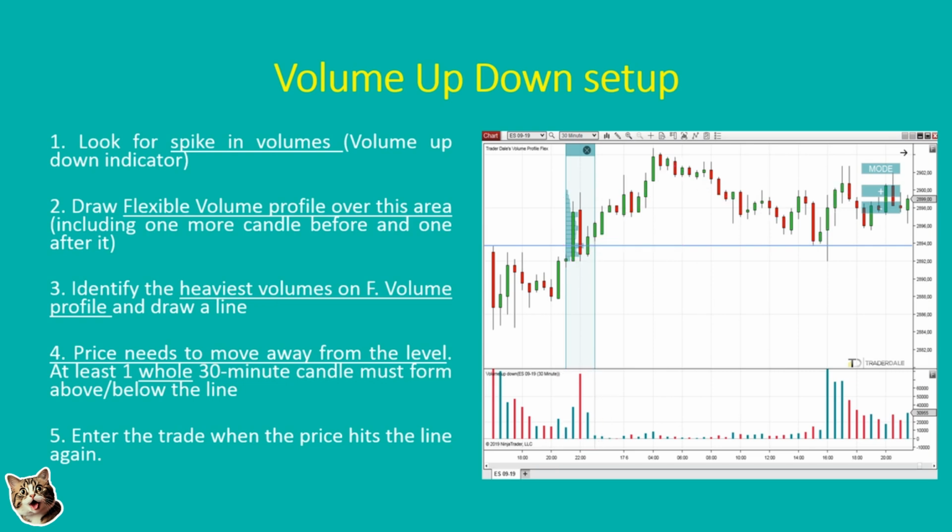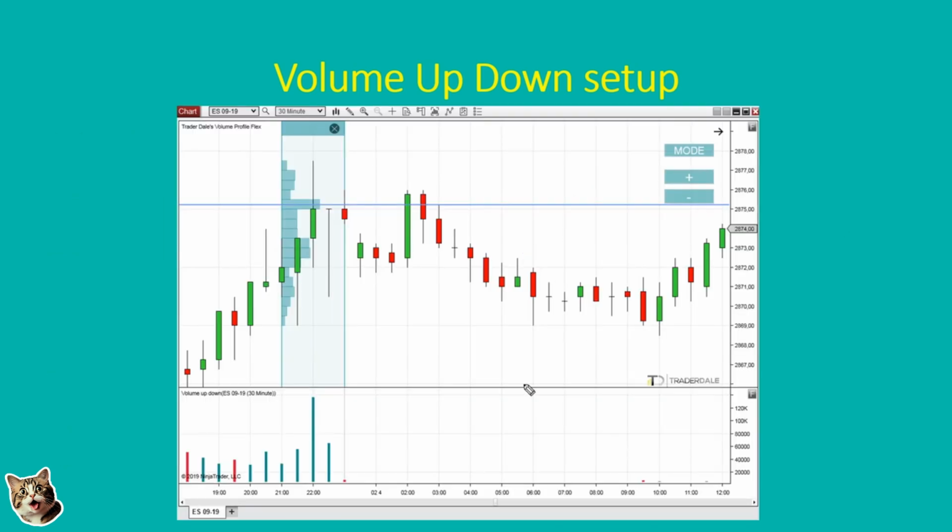Let me show you one more example. Here you see unusually big volumes, a volume spike, those 3 big candles. So you draw the flexible profile over this area, including the 2 small candles around. This is the place where you draw the flexible profile.